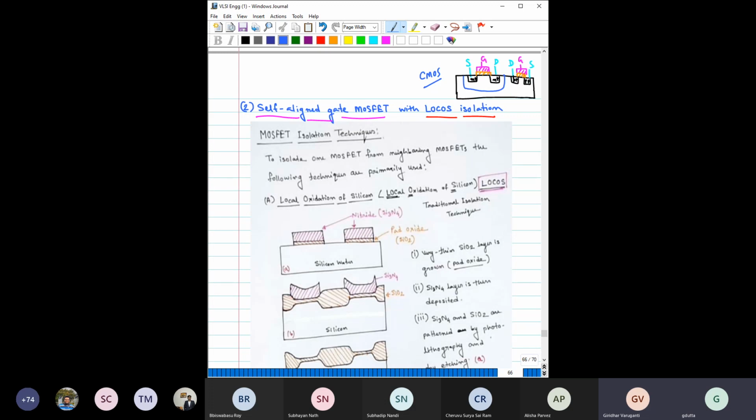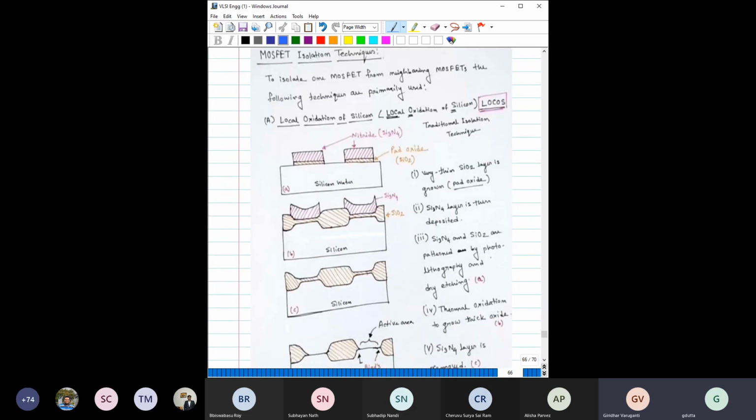One of the techniques for this isolation is called LOCOS. This picture has been taken from the handwritten note. LOCOS stands for local oxidation of silicon: LOC is local, the O is oxidation, and S is silicon, which gives the name LOCOS.